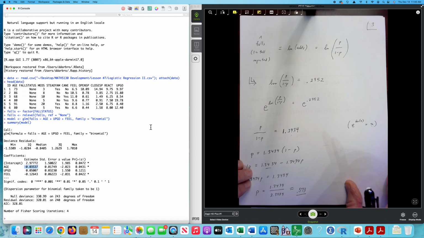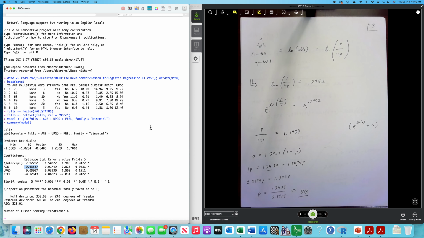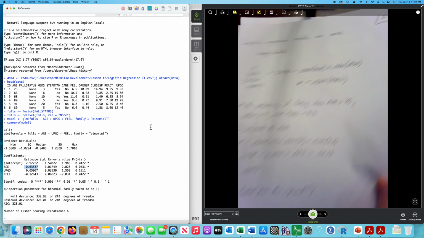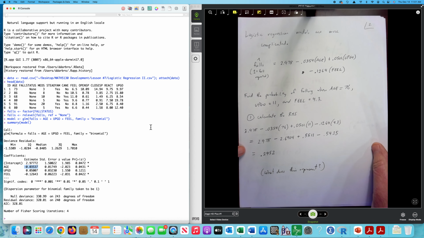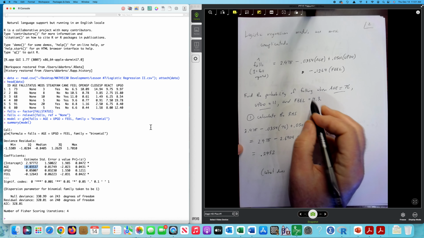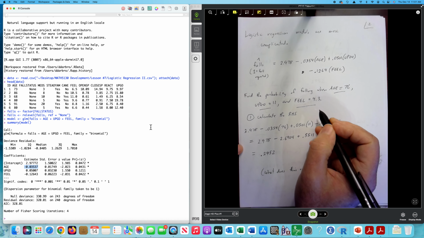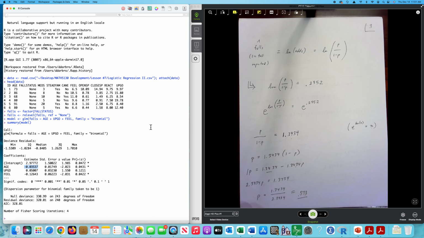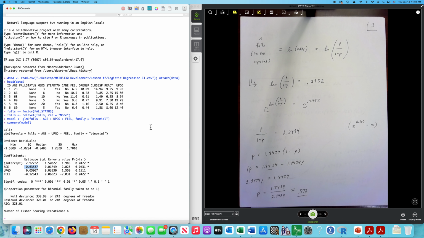So the probability of this person, let's go back to this person. This person who is 76 years old, has an UPGO test of 11 and a feeling score of 4.3, the probability of them falling is 0.573.